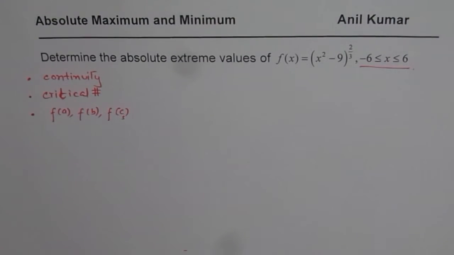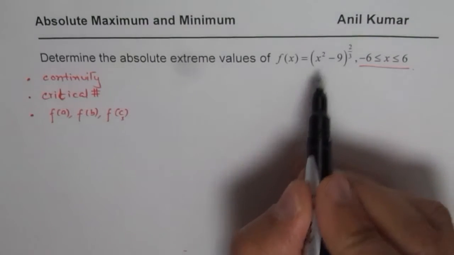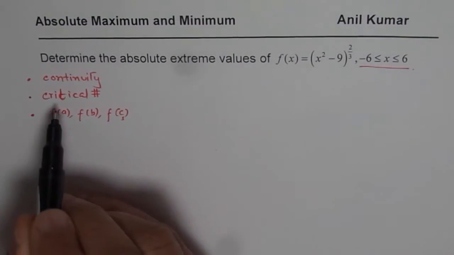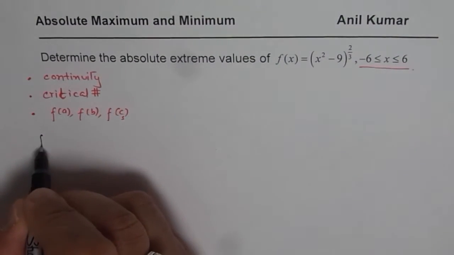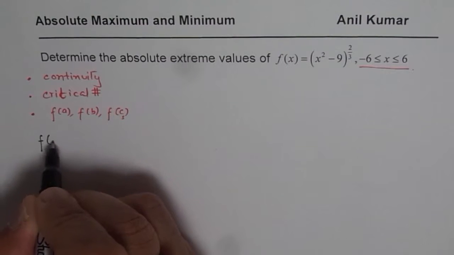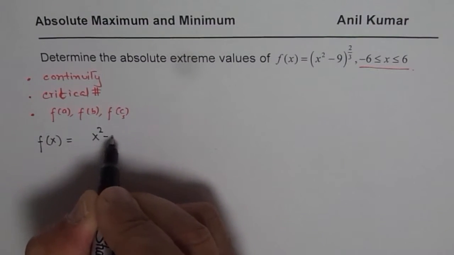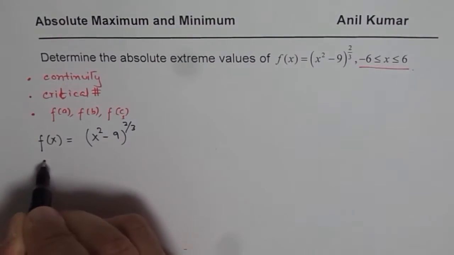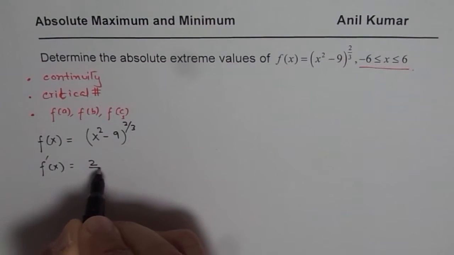Now, as we see in this particular case, the function has no restrictions, so it is continuous, and within this domain also it is continuous. To find critical numbers, we need to find the derivative of the function. So f of x is given to us as (x squared minus 9) to the power of 2 over 3. Derivative of this function, we'll apply the power rule followed by the chain rule.